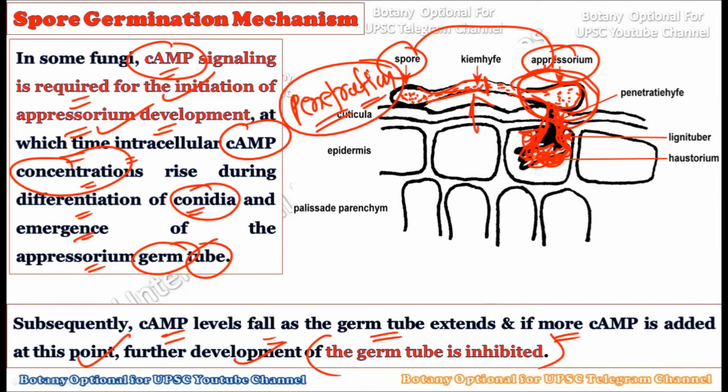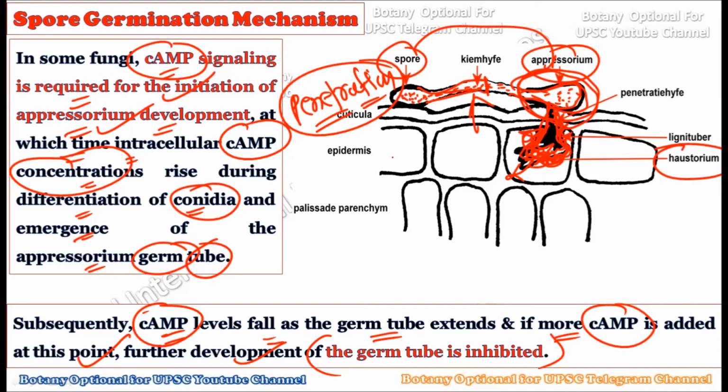Once it is within the plant body, it can extract the nutrients from the plant body, it can get converted into the haustorium, and then the haustorium can suck the nutrients from the host plant. So here the infection changes, and the role of the cAMP pathways is completed, because after that if cAMP is added at this point, there will not be any formation of a germ tube. Actually it got inhibited at this point of time.